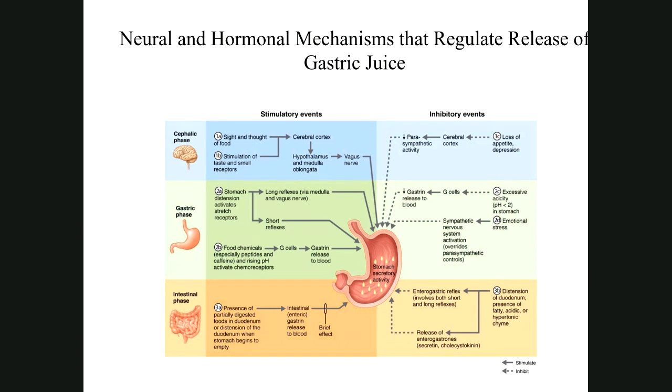So, recapitulation: we have three phases of gastric secretion. The cephalic, as you can see, is under vagus nerve control. The gastric is under the medulla, under the enteric nervous system, and most of it is under gastrin release.